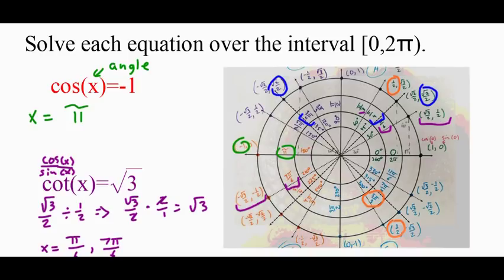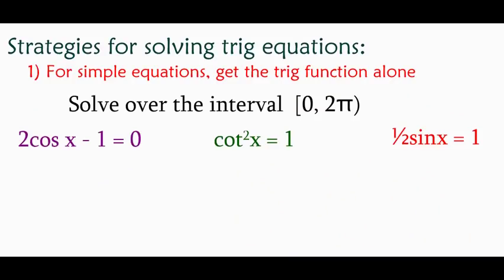Now let's take a look at some more complex examples. So here I have a couple more complex examples. Now as I have these complex examples, I'm going to present you with a strategy. So the first strategy when you're given more complex trig equations is to first get the trig function alone.